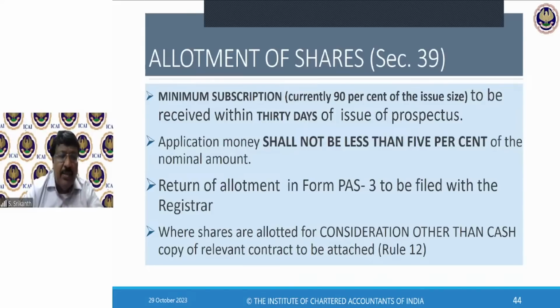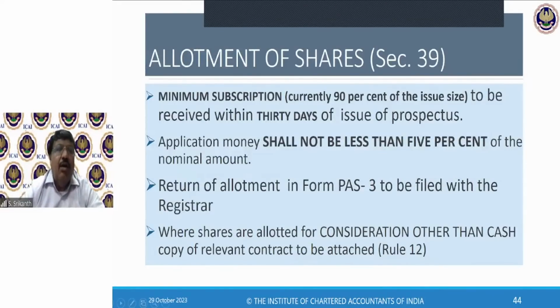Usually these companies will also have broking and DP, but some companies will have only registrar. So the registrar to the issue will file that Form PAS 3. That is one of the jobs that they will undertake.